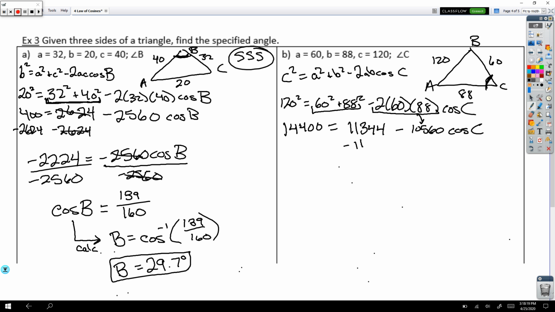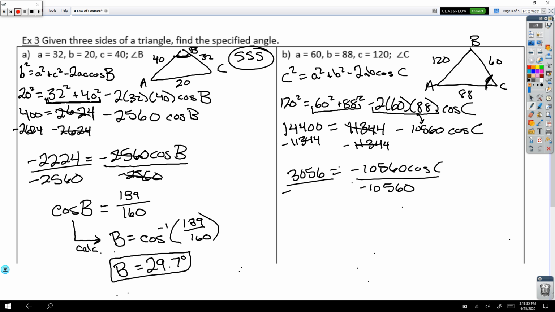So subtract. That leaves me with 3,056. And then divide. So we have cosine of C equaling negative 191 over 660.